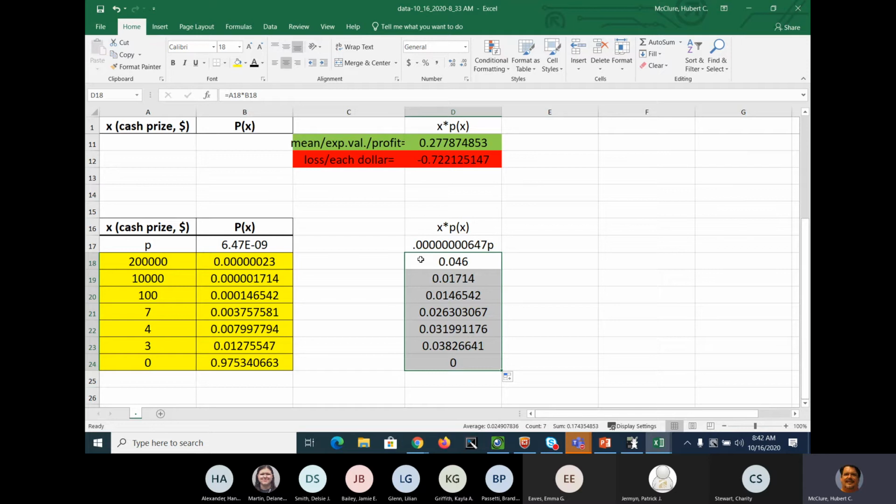What am I going to do with all these numbers right here? Combine. I'm going to combine like terms. That's right, class.